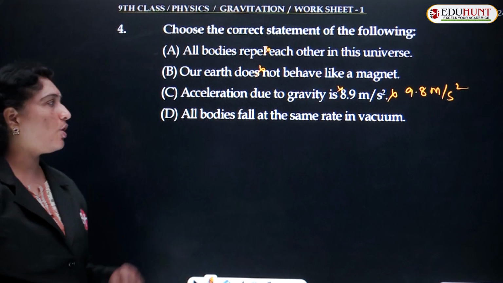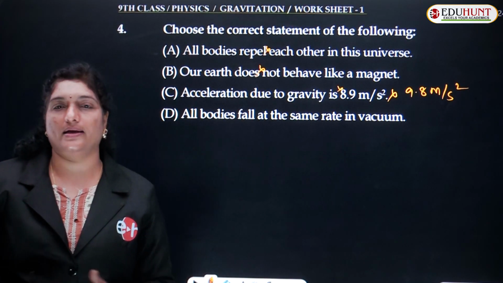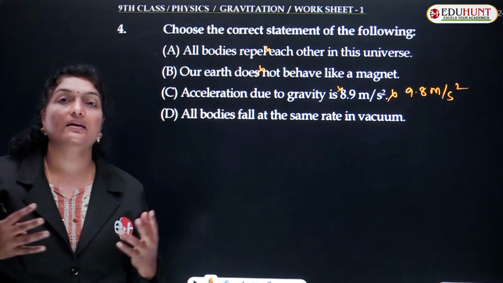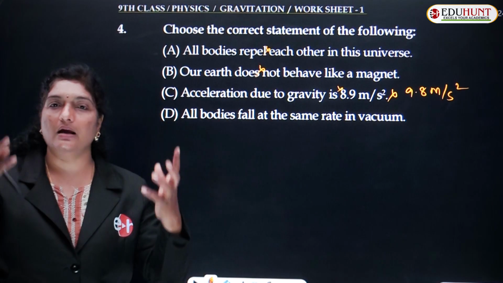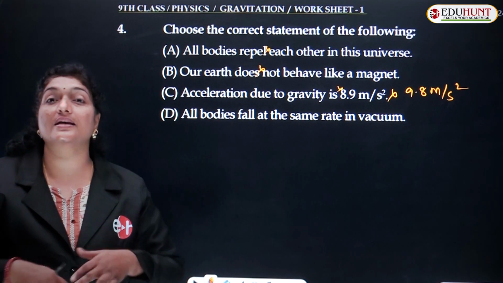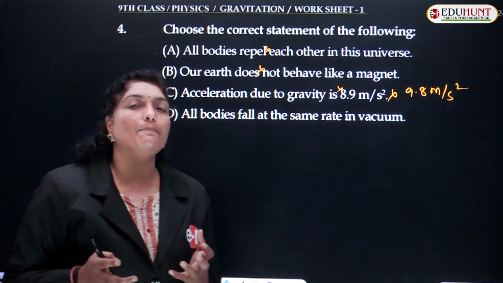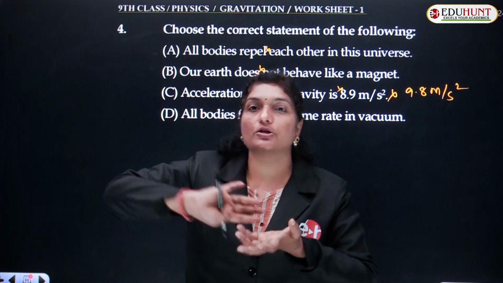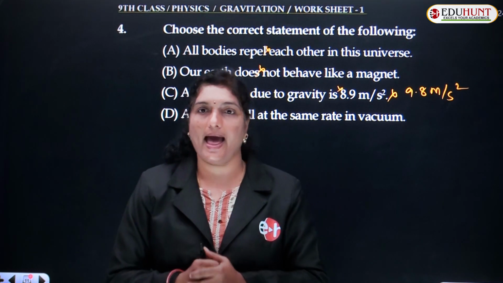Now moving to the fourth option: all bodies fall at the same rate in vacuum. Of course, in vacuum, each and every body is pulled with the same force because there is no opposing force. Suppose the same body falls in air, then due to air, a buoyancy force, an opposing force, acts on it.